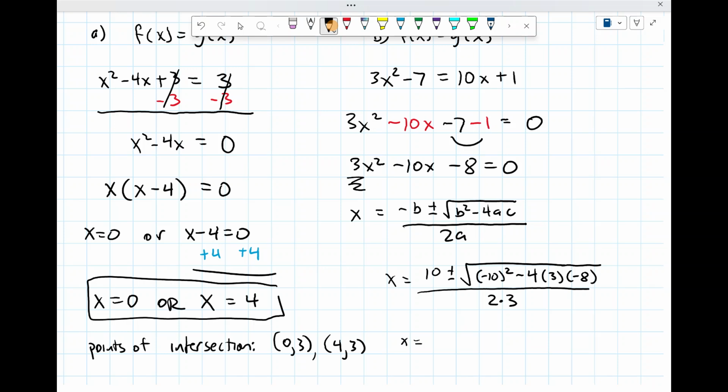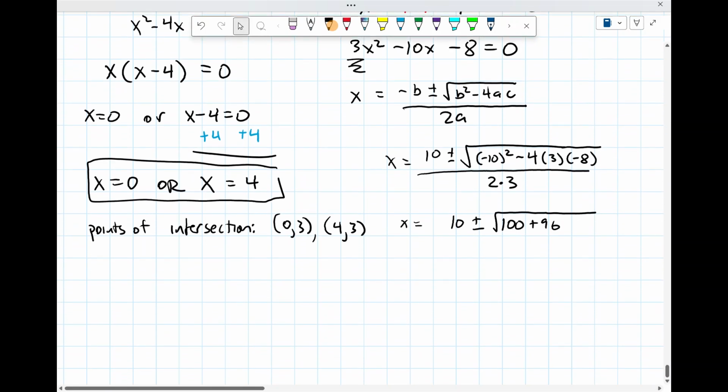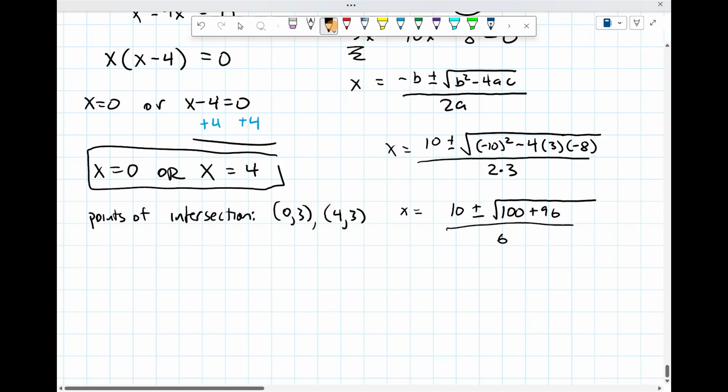So this is going to be 10 plus or minus the square root of 100, and negative 4 times 3 times negative 8 is 96. And it's going to be a positive 96. So x equals 10 plus or minus the square root of 196 divided by 6.